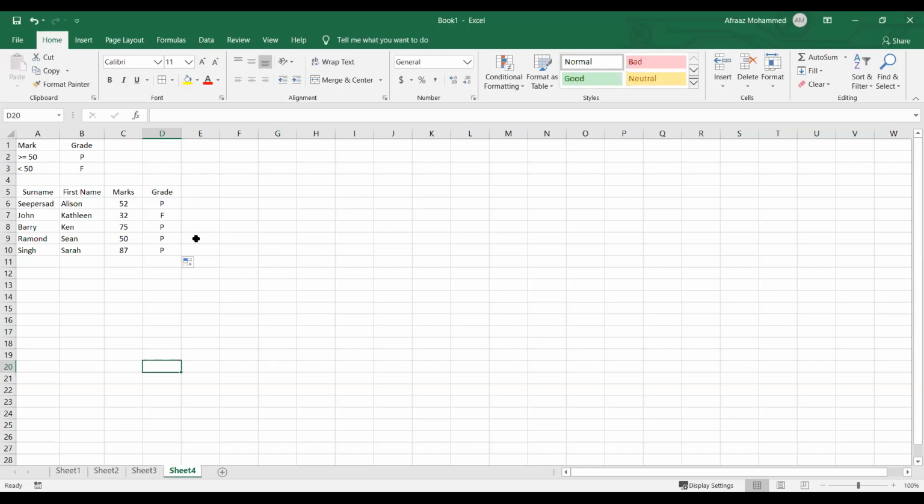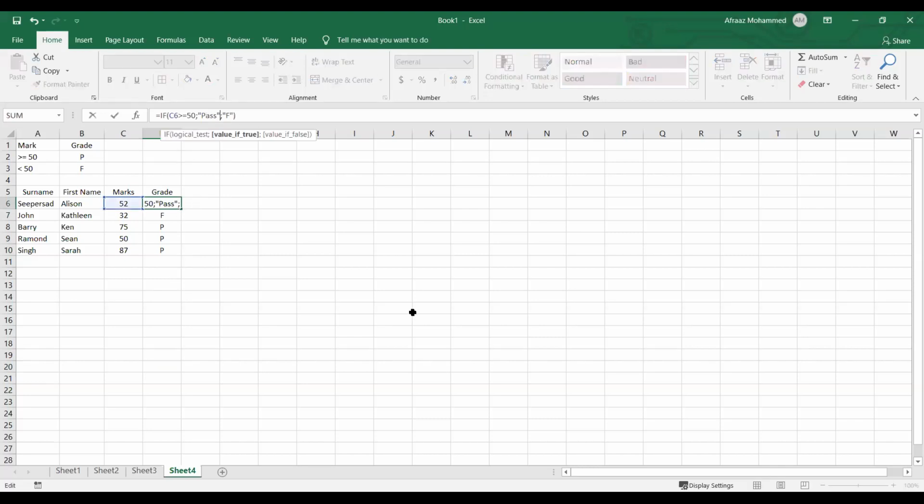So we want to use the words pass and fail. In this case, we would need to go to each formula and type out the word first of all, and then we need to copy the formula to each cell, right?